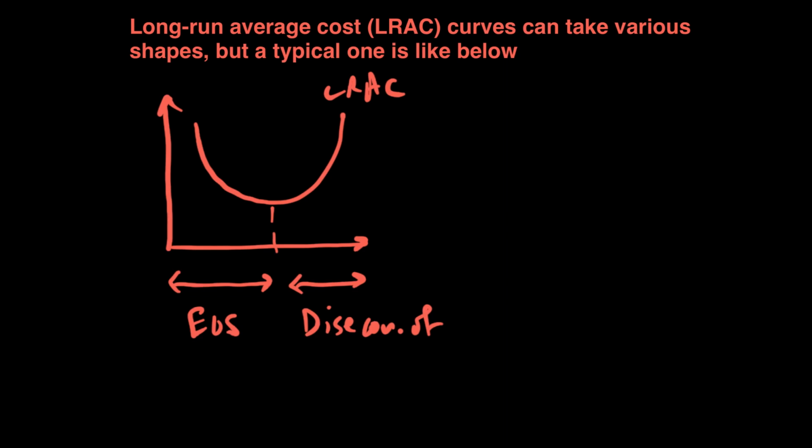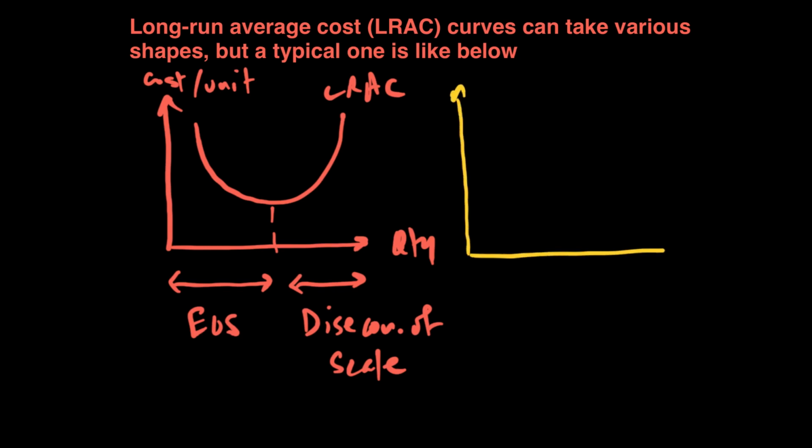So there could be that kind of shape, where this is your quantity of output, and on the y-axis I have cost per unit. But there is another shape that I want to draw, which is the one that can also have constant returns to scale. So it's falling LRAC, then flat, and then rising LRAC.